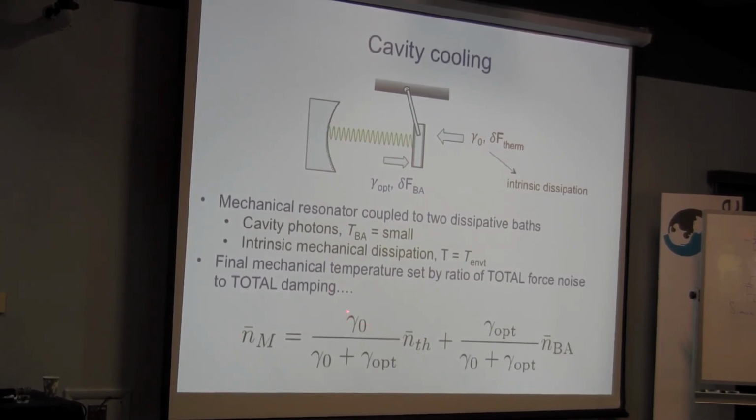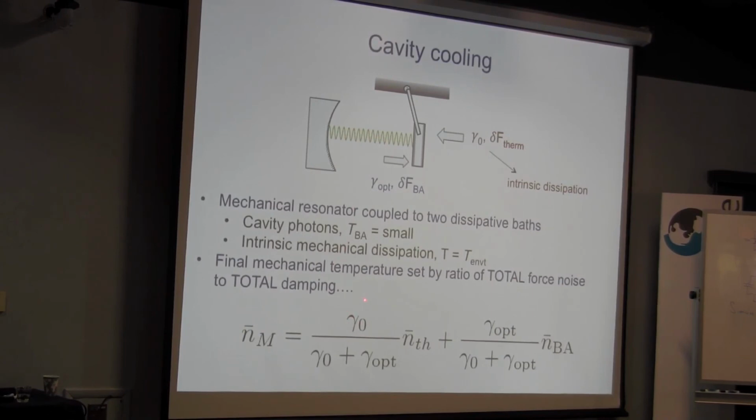And this is the intrinsic damping rate of the mechanics. And so again, as you drive the cavity stronger and stronger, this gamma optical gets bigger and bigger. The temperature of the mechanics tends towards this very low effective temperature of the photons. And that, in a nutshell, is the physics of cavity cooling.